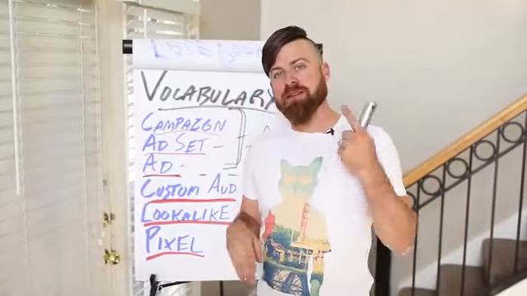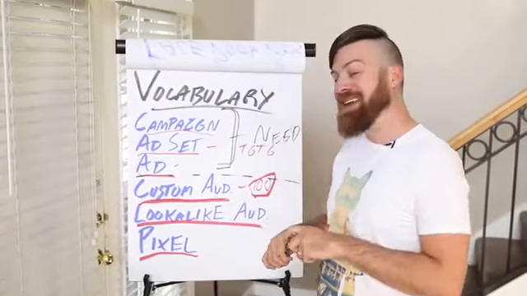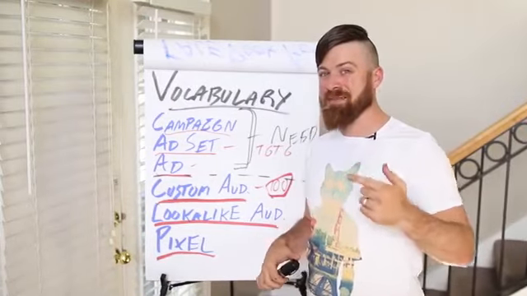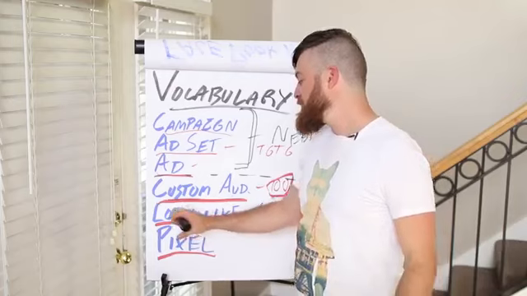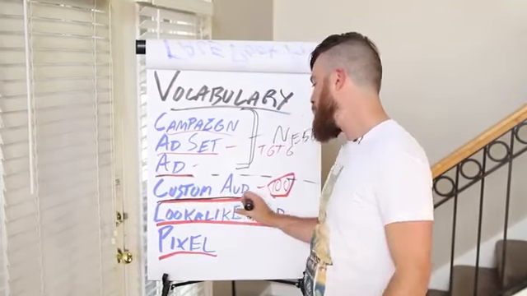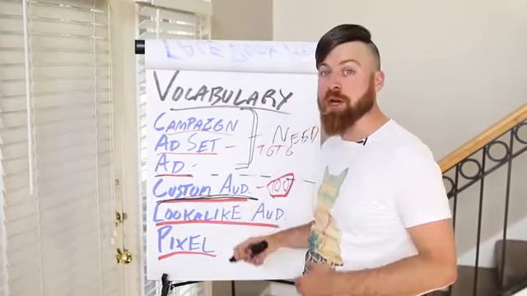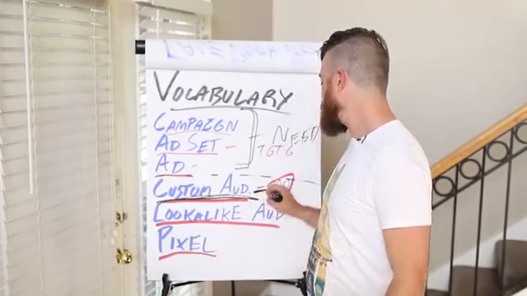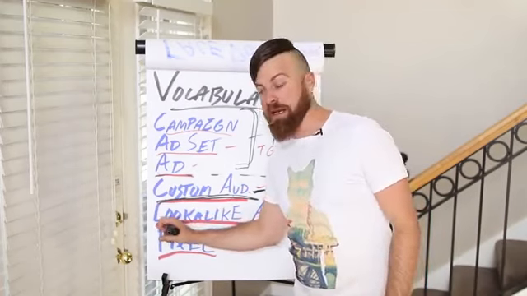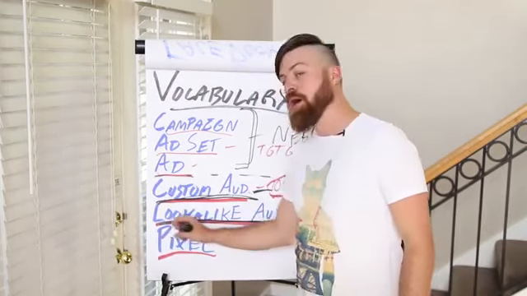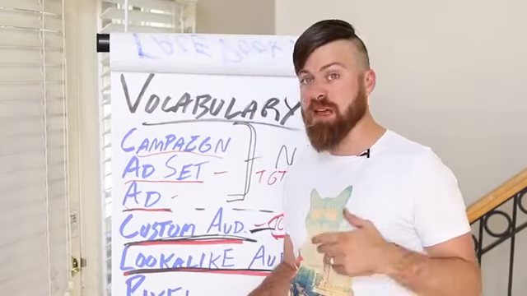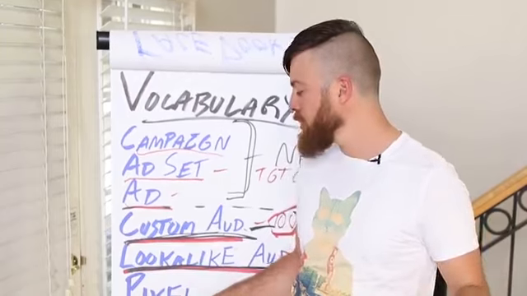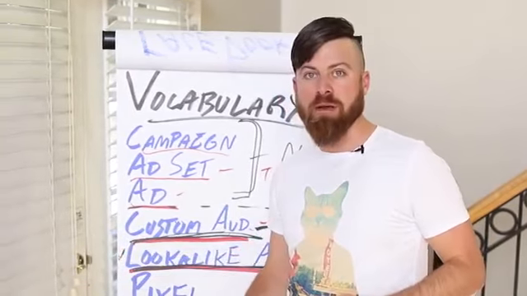Now the fourth method is the one I like the most, and the fourth method is not guessing, is not even going off of what the product owner thinks their audience is. It's actually getting a custom audience of buyers to upload to Facebook and then create a lookalike audience off of that. Now I'm going to assume that you don't have a custom audience, that you don't have buyers for whatever product you're promoting yet, so you can't create a lookalike audience.